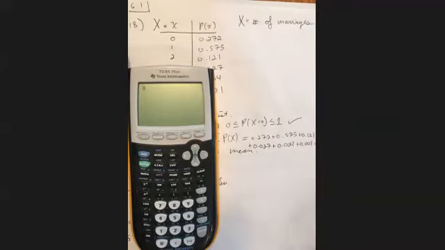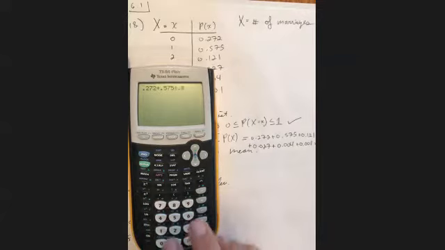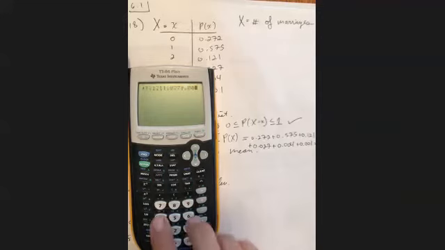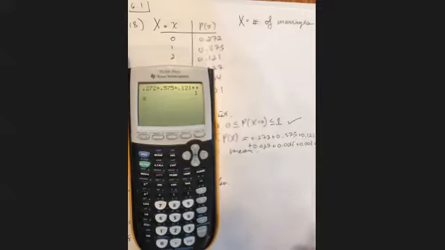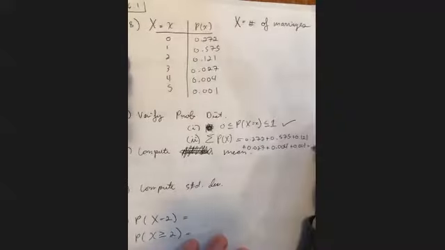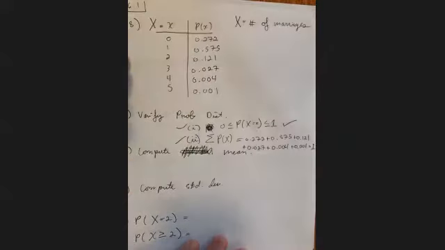No, I didn't see you do it, you didn't write it down. So write it down. It should be 1. Voila, a perfect 1. So both conditions have been verified.